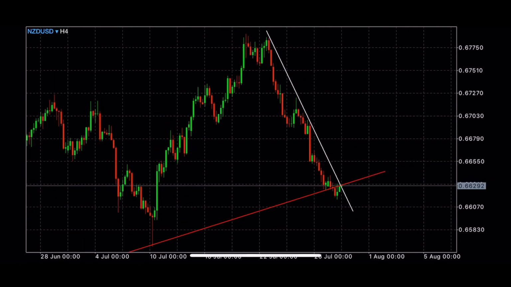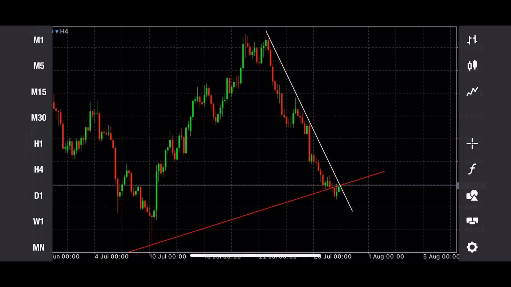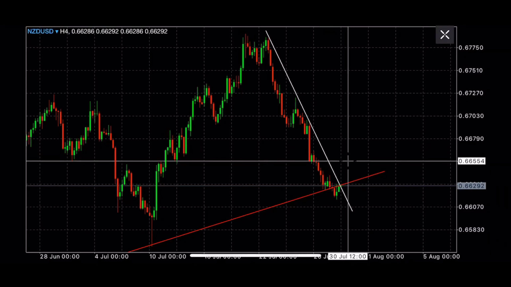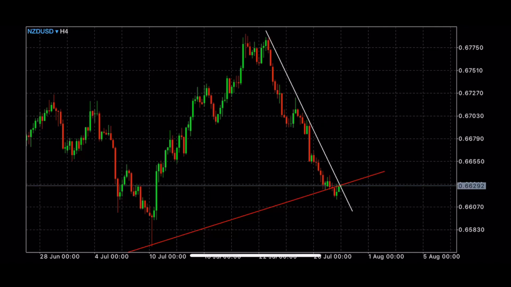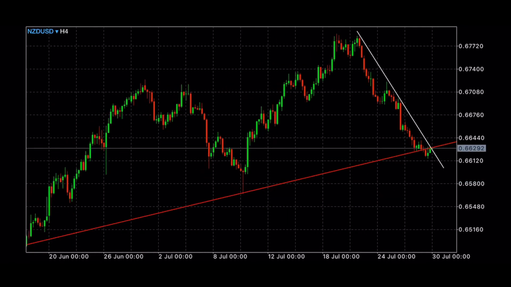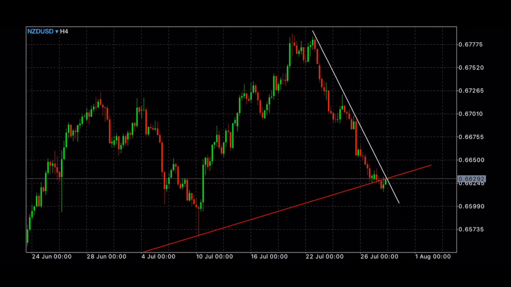And basically what you're gonna do is, when the candlesticks are about to cross the reversal line, just get ready to buy on this pair, right?